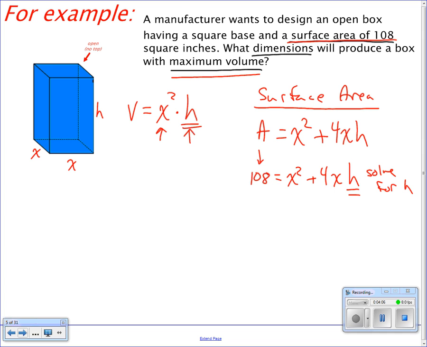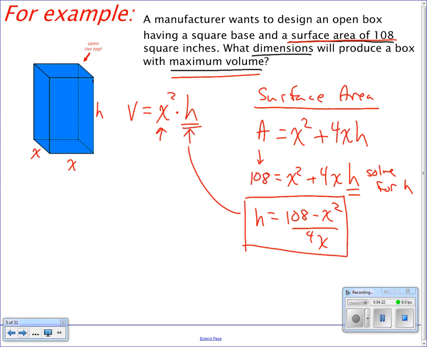We're going to solve for h. And when I solve for h, we're going to subtract the x squared from both sides and divide by 4x. So we're going to end up with 108 minus x squared divided by 4x. And I'm going to take this and use it to substitute for h in this equation.